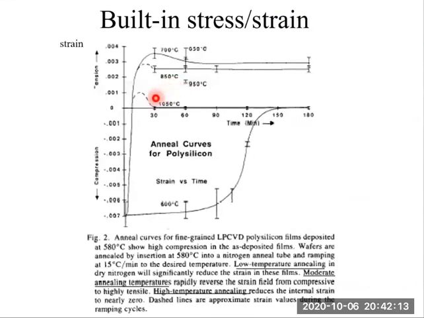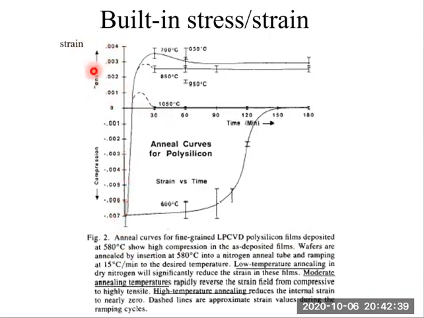Now let's finish discussing this slide. Built-in stress and strain of polysilicon. This figure plots the anneal curves of fine-grained LPCVD polysilicon film deposited at 550 degrees C. The vertical axis represents mechanical strain.